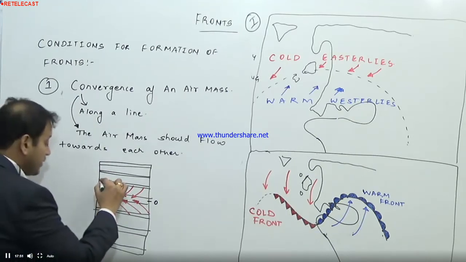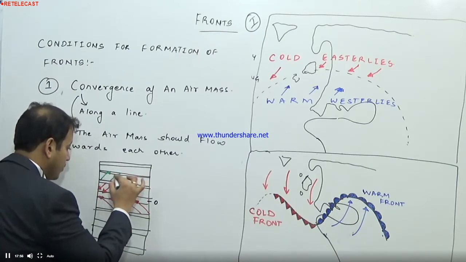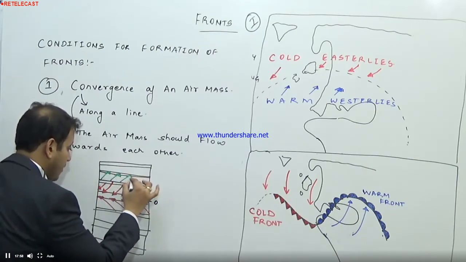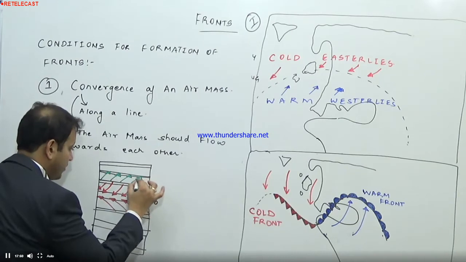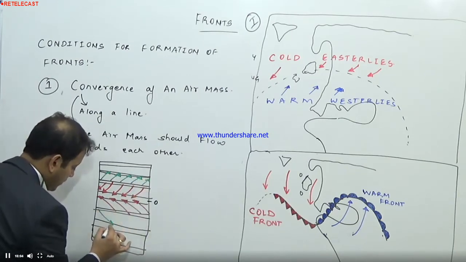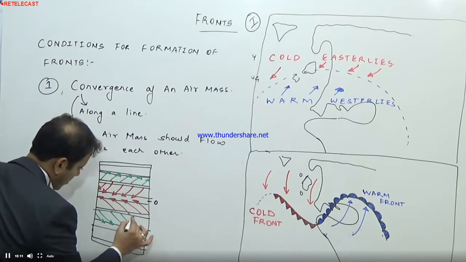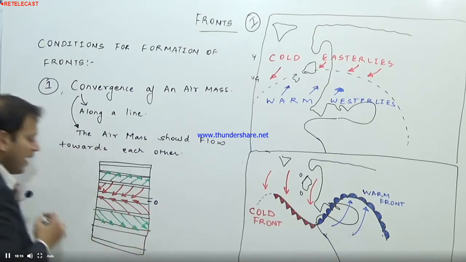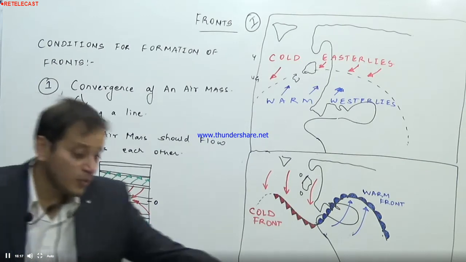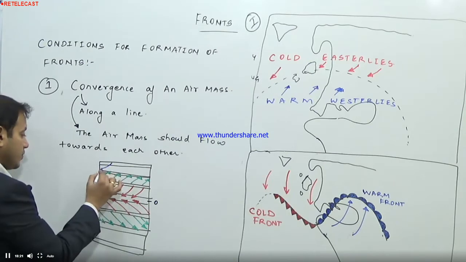It also originates in the subtropical high pressure belt and blows towards the subpolar low pressure belt in both the hemispheres. And lastly, there is an extremely cold wind known as easterlies, which blow from east towards the west.